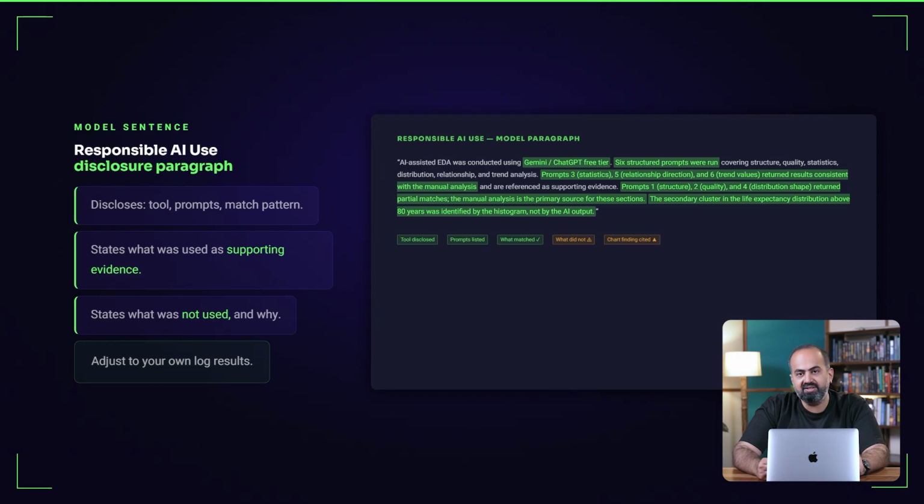The secondary cluster in the life expectancy distribution above 80 years was identified by the histogram, not by the AI output. That paragraph is what responsible AI use looks like in a professional document. It discloses what was used, what it got right, and what it missed.